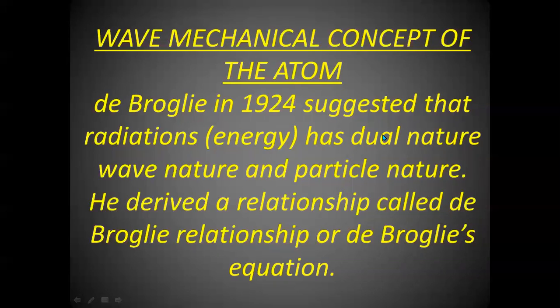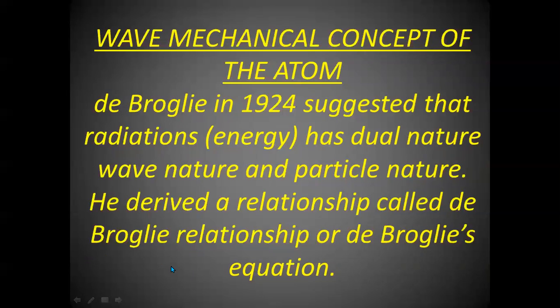Whereas Huygens' theory says that light consists of waves, therefore it is called wave theory. So basically, we have two different theories to explain the nature of light. Both are required. We cannot discard either of these two theories. Here, when we take a particle like the electron, sometimes we call the electron a particle, sometimes we call it a wave, that too a standing wave or stationary wave around the nucleus in an orbit.